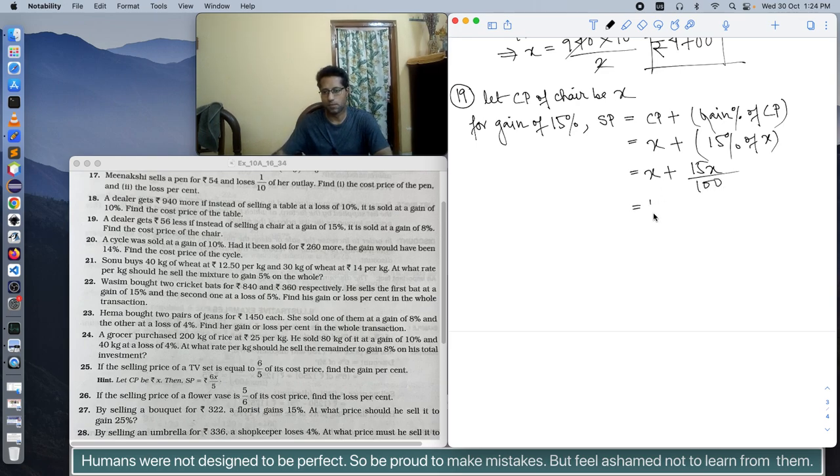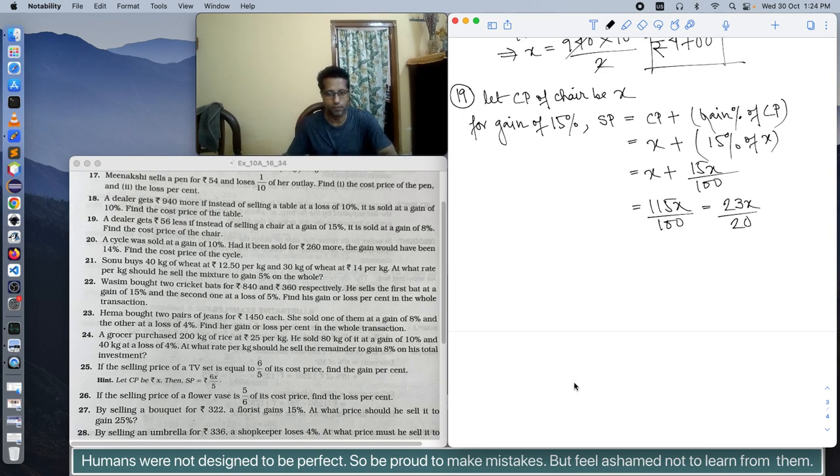This is equal to 115X by 100. This can be further simplified. If you divide 115 by 100, it can be simplified as 23X by 20. So this is the selling price when there is a gain of 15%, assuming that X is the cost price of the chair.